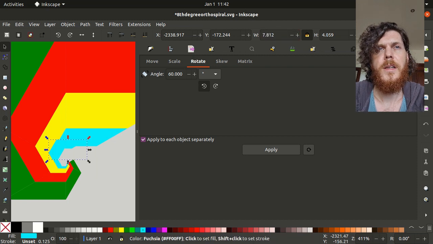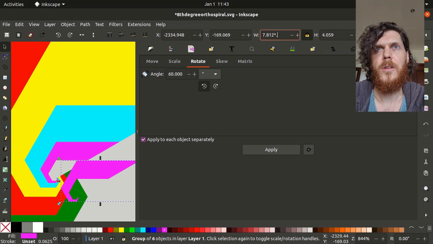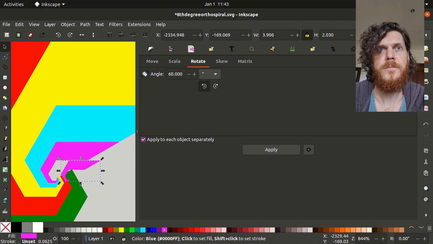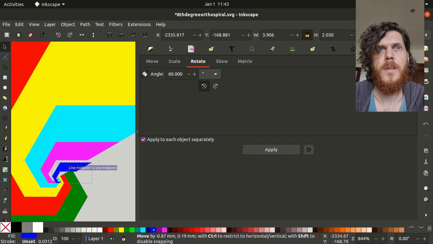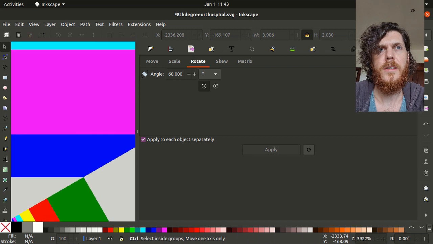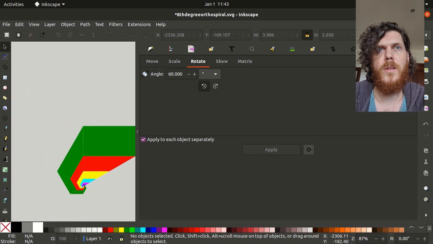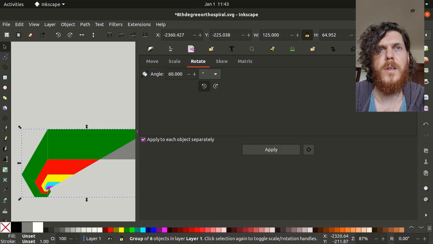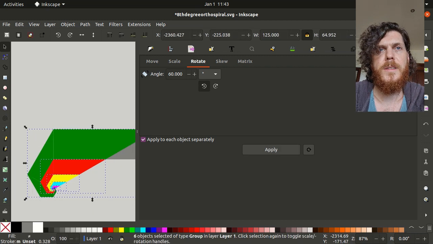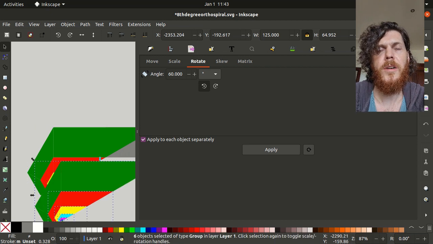And once we get there, we'll see that that gap there is closed. And so now we have the repeating object of the repeating spiral loop, I guess we can call it.